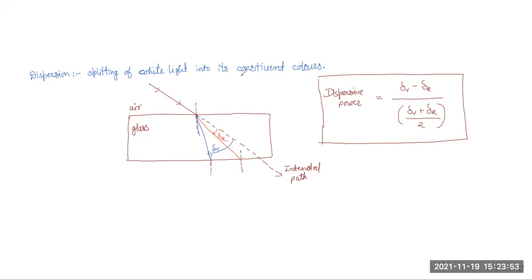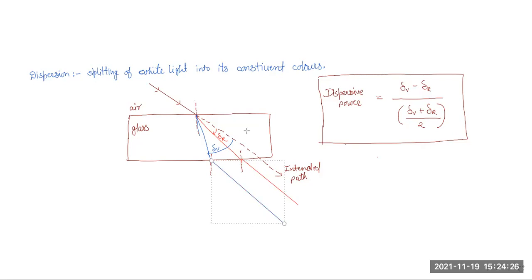And then applying the laws of reflection and refraction, we can say that this light which is red in color will travel like this, and the blue colored one will travel like this.